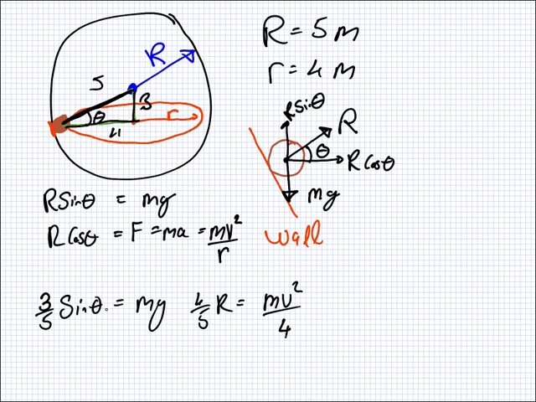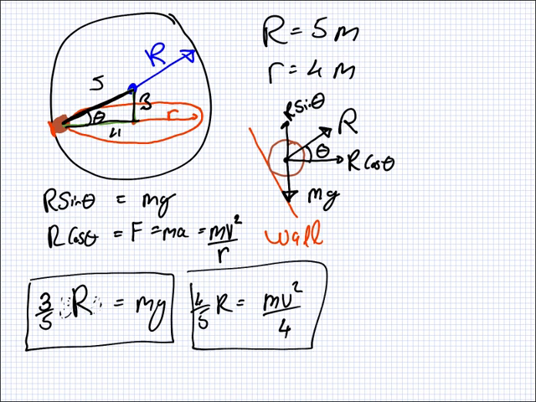Oh, sorry, I accidentally wrote the sine here. I shouldn't have. I should have written R, yeah, thank you. Sorry. Right, there's one equation. There's the other equation. What should I do to these? I could divide them, couldn't I?